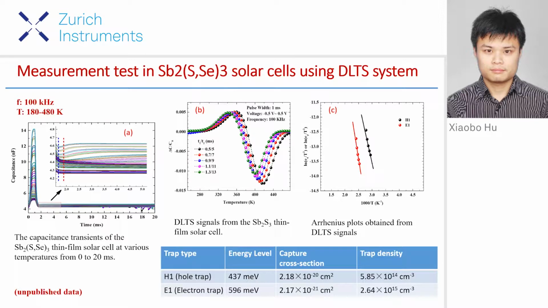As depicted in figure B, one obvious peak and one trough are detected, which demonstrate that there are 2 trap defects in the solar cell, and one is a hole trap, and the other is an electron trap.